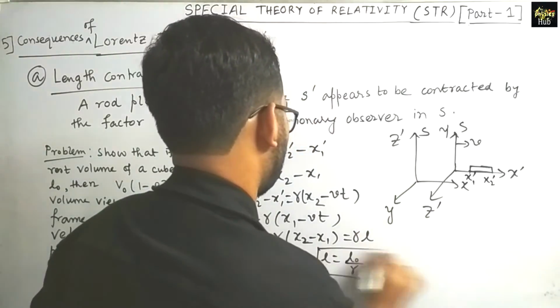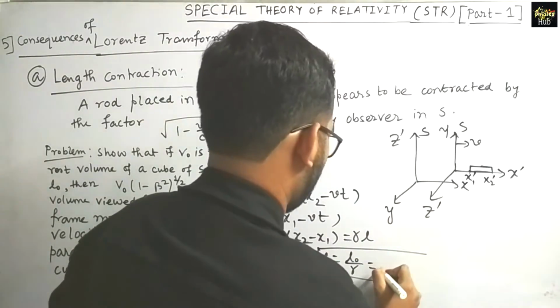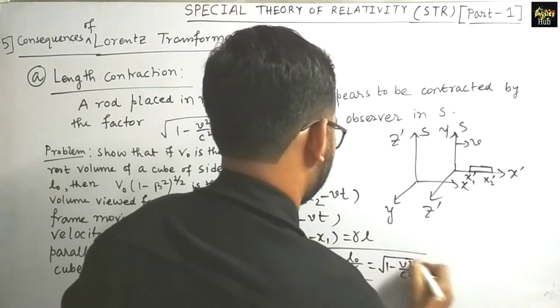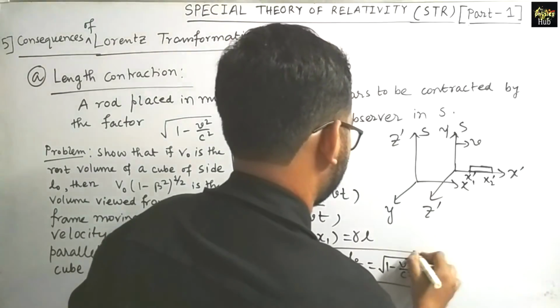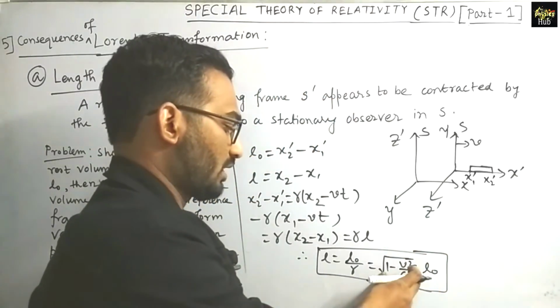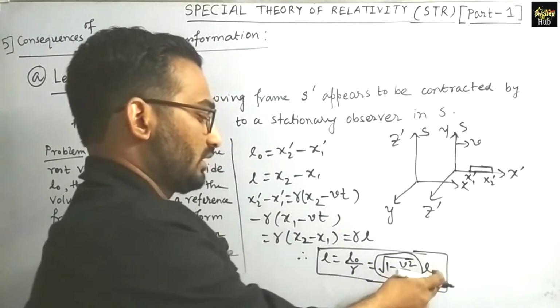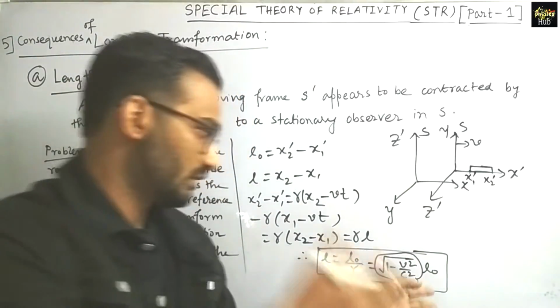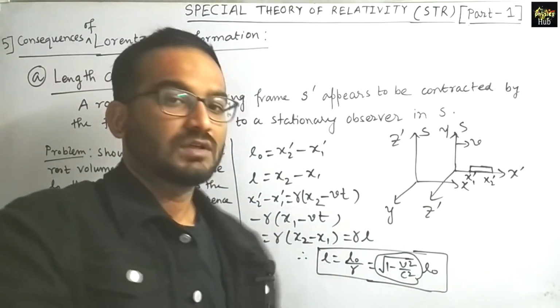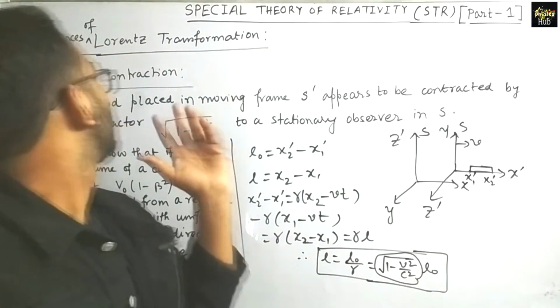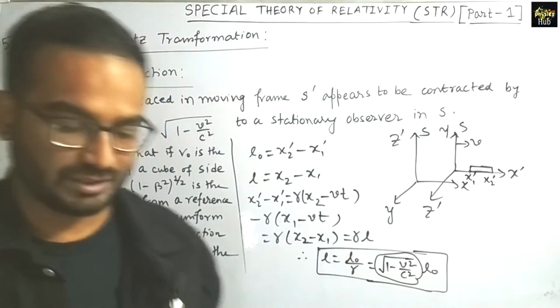So L equals L naught by gamma, that means it equals root of 1 minus v square by c square into L naught. As we can see, this term is less than 1, which means the right-hand term is less than L naught. So the length of the rod has been contracted. This is called Lorentz contraction, length contraction.